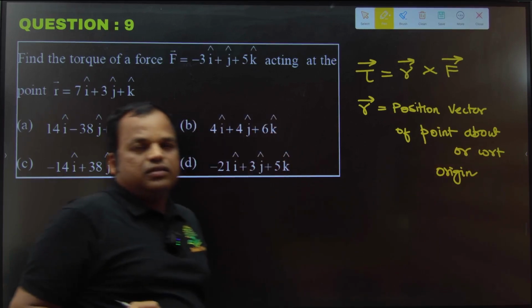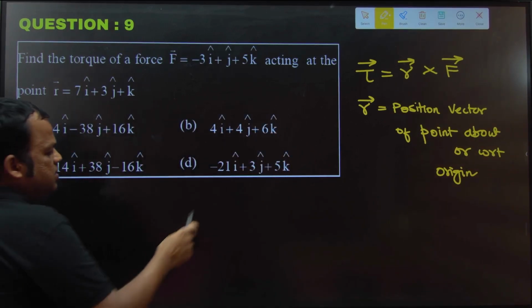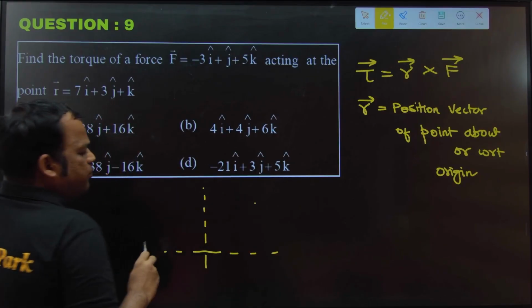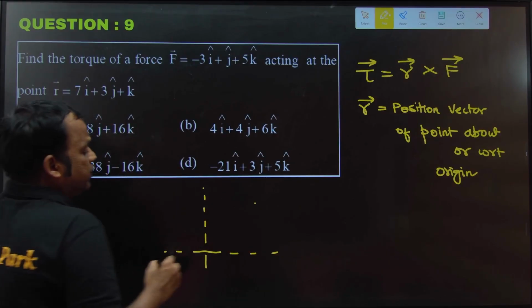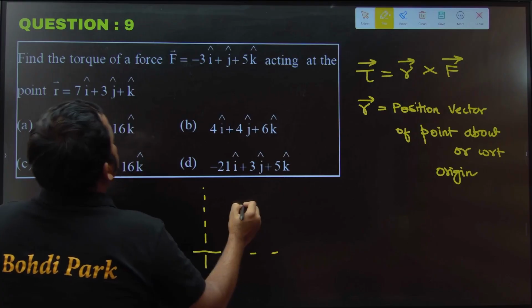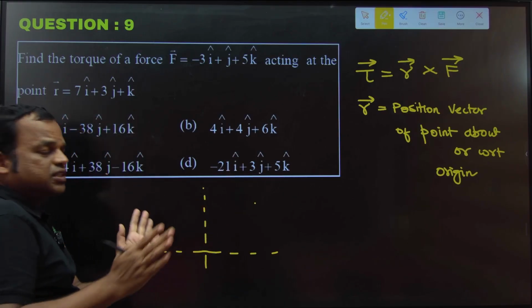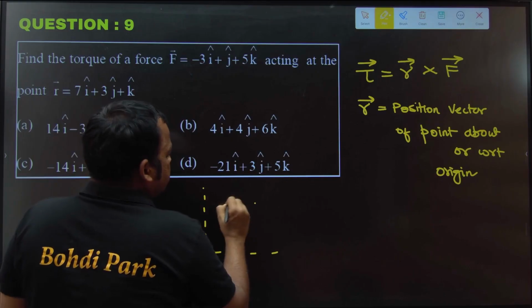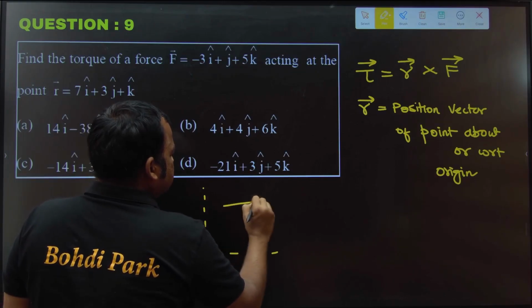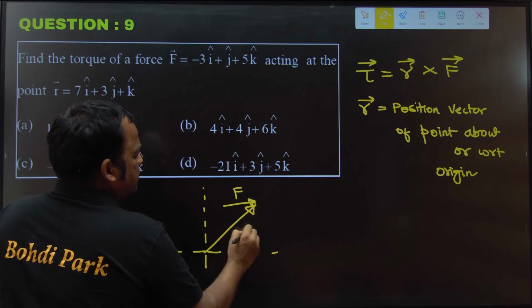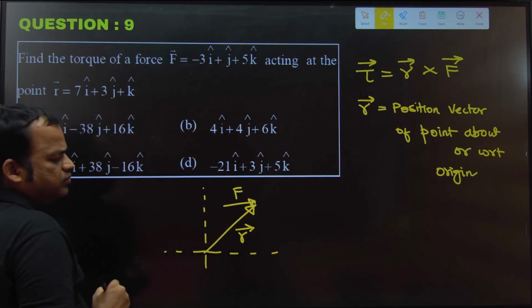Suppose this is the y-axis, this is the x-axis, and at this point force is acting. I will draw the two-dimensional diagram. Suppose force is acting at this point like this, and this is the position vector R vector.